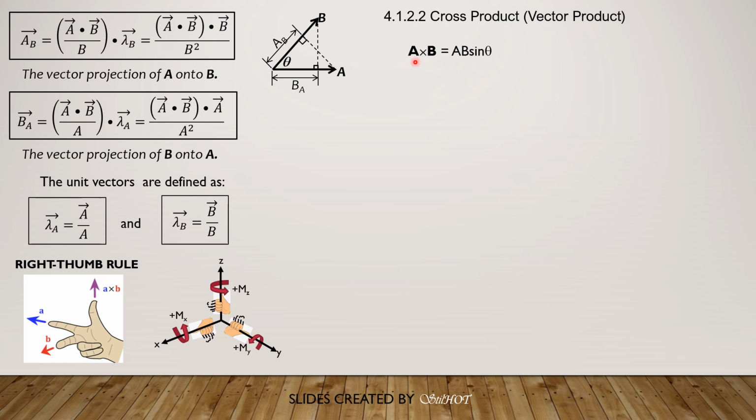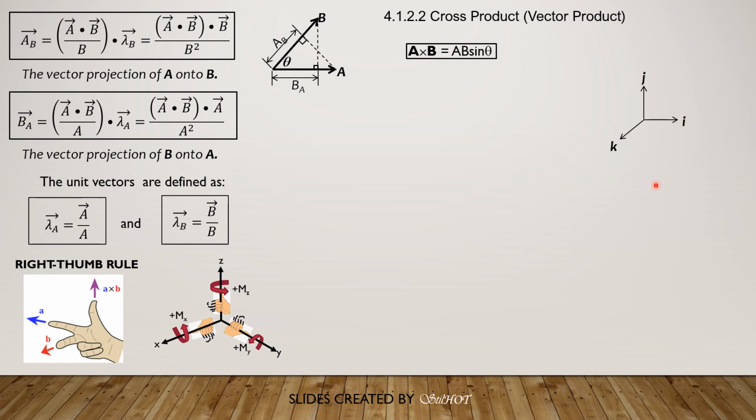Now, because this is a vector, the interpretation of the magnitude of A cross B is simply the area of the parallelogram formed on the vectors A and B. If vectors are represented by directed line segments, then A cross B is another vector which is perpendicular to the plane of these two directed line segments.